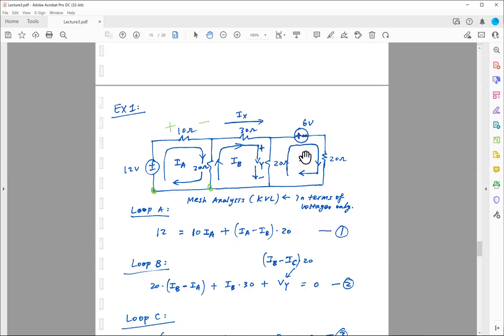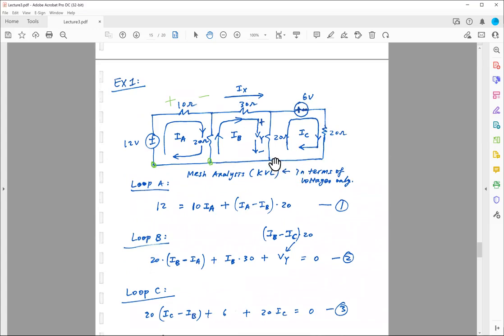For the last loop or last mesh, do the same thing. We start from here. So IC minus IB times 20. When I'm operating on the IC loop, I'm assuming IC is more dominant than IB. So the net current flow is now going to flow up, because I start from here, IC goes up, but IB is flowing downward.